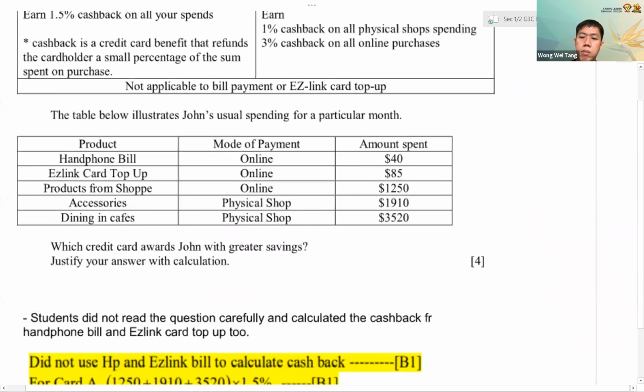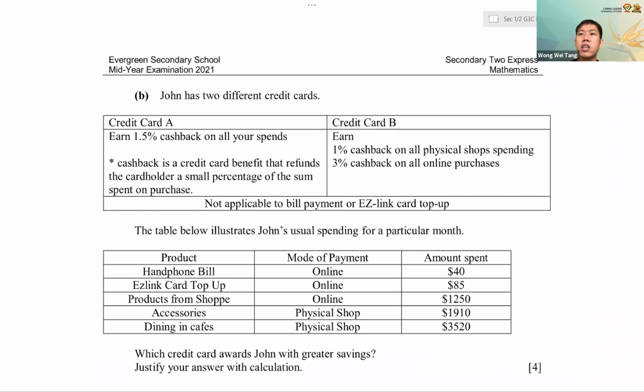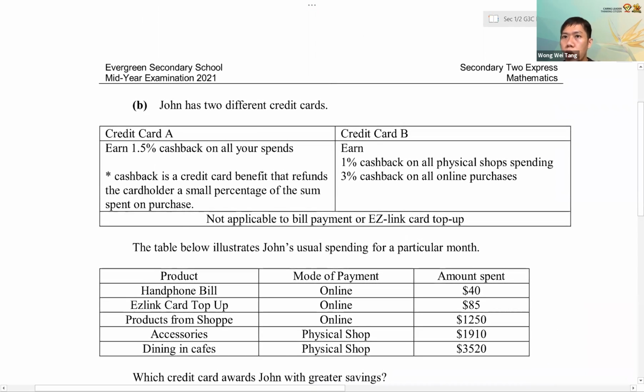Okay, now, part B. John has 2 different credit cards. Credit card A, credit card B. You will be expecting one of these types of question in every single major exam. So in Sec 3 mid-year, Sec 3 end of year, Sec 4 mid-year, Sec 4 prelim, Sec 4 O levels.